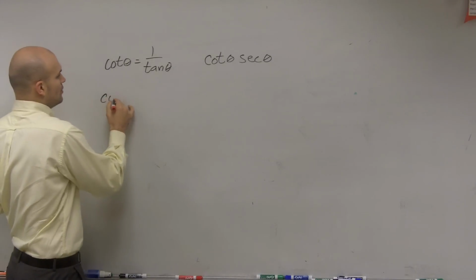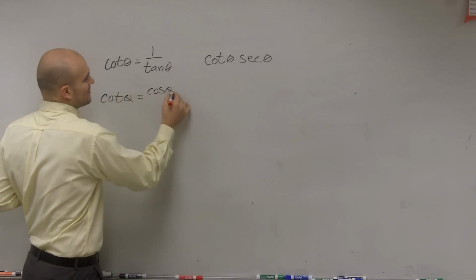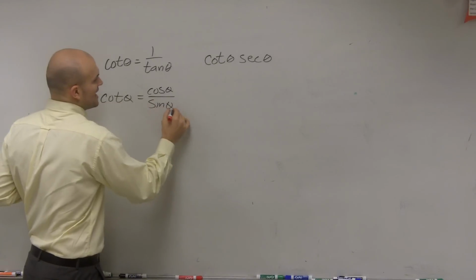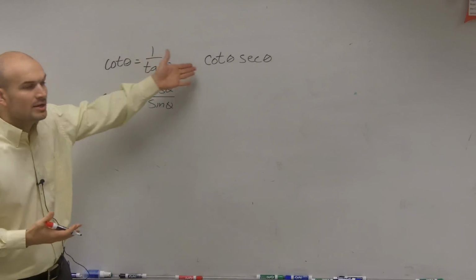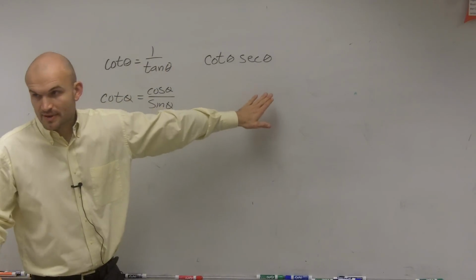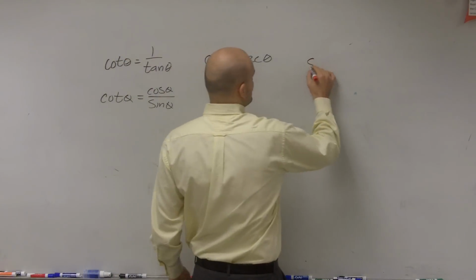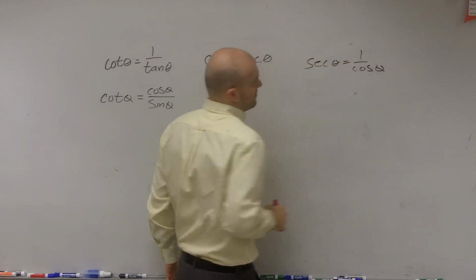And also, cotangent of theta, by using the quotient identity, is cosine of theta over sine of theta. So there's two different ways we talked about to rewrite cotangent. Secant of theta, just by using the reciprocal identity, is equal to 1 over cosine of theta.